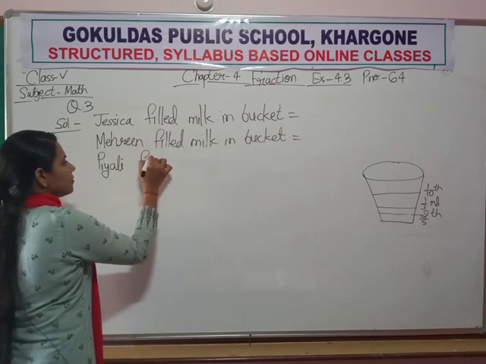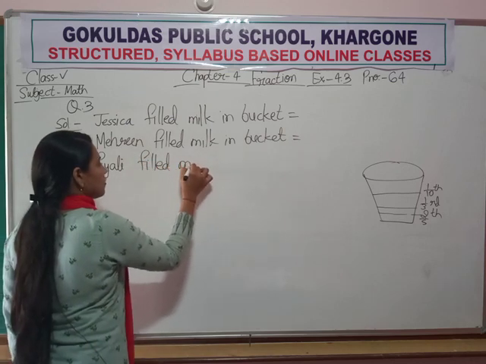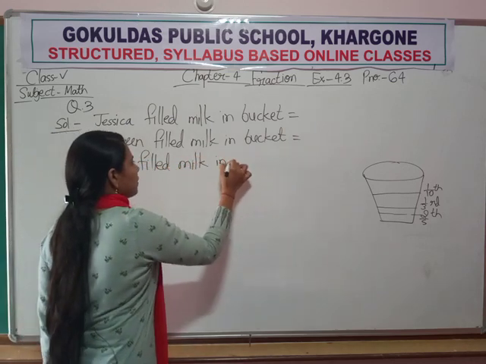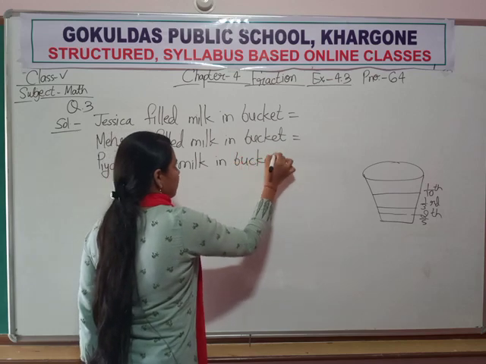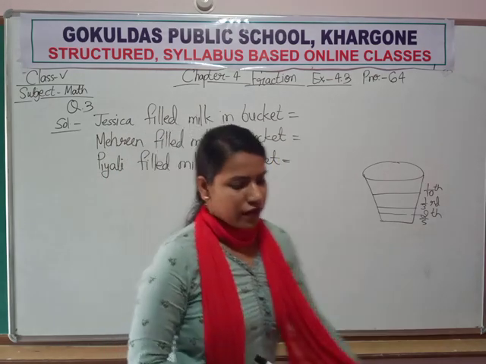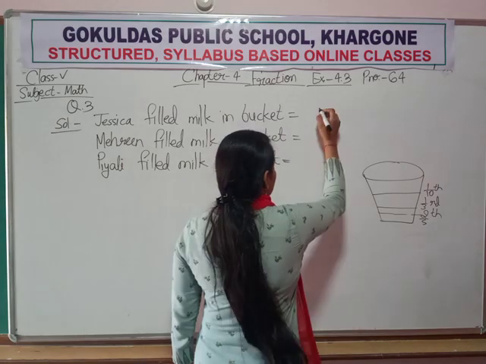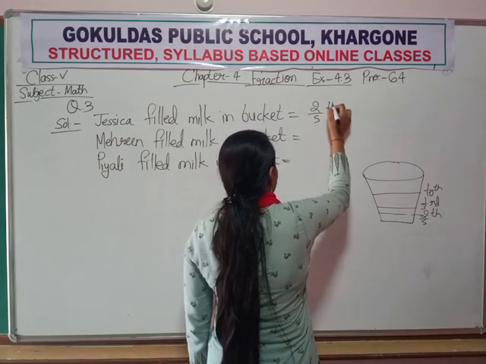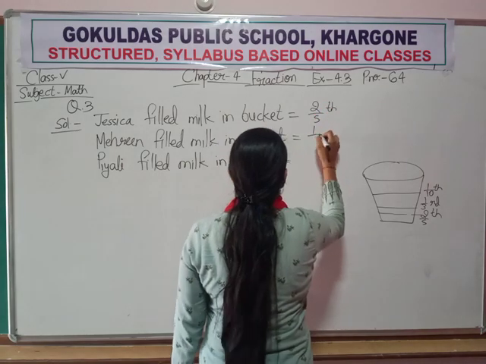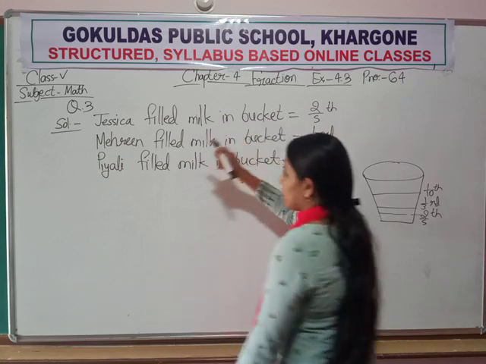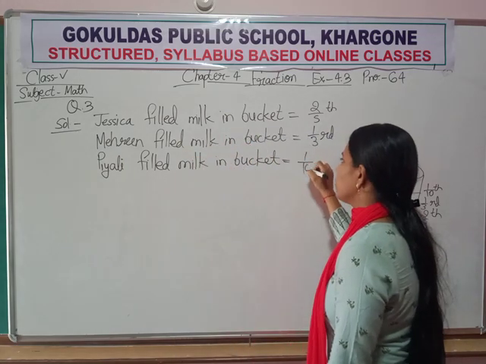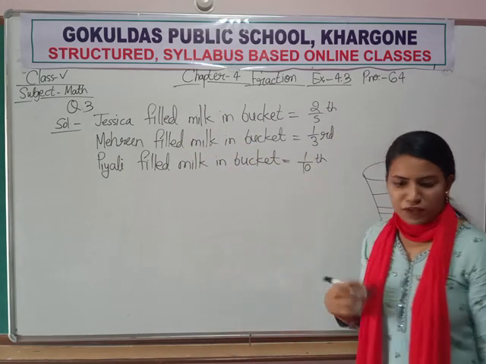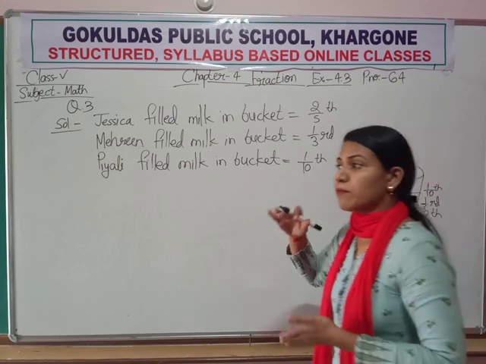Priyali filled milk in the bucket. 2/5 of the bucket filled by Jessica, 1/3 of the bucket is filled by Mehreen, and Priyali filled 1/10. And we want to find the total milk in the bucket.